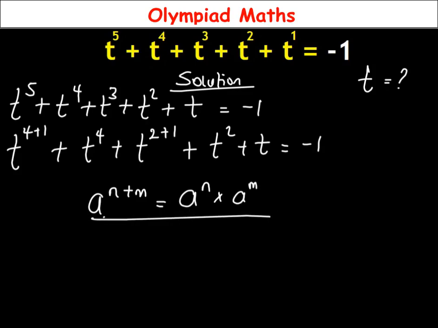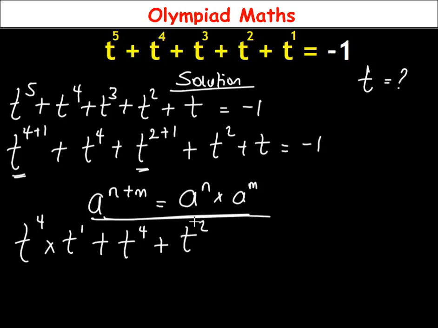So applying this rule, we're going to have t raised to the power 4 times t raised to the power 1, then plus t raised to the power 4, plus t raised to the power 2 times t raised to the power 1, then plus t raised to the power 2 plus t. Then if you bring this minus 1 to this side, this becomes plus 1 is all equal to 0.